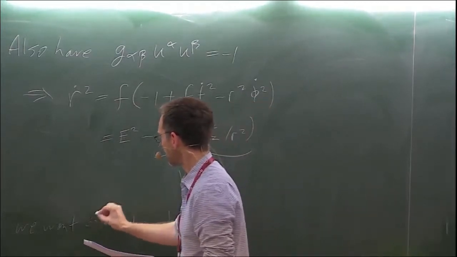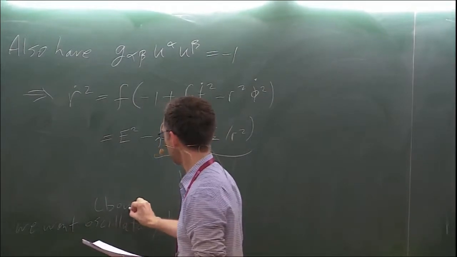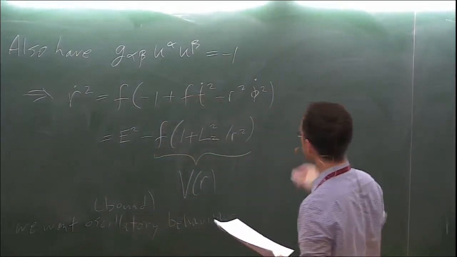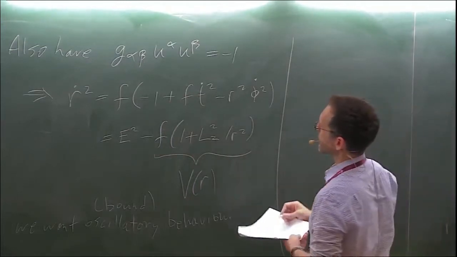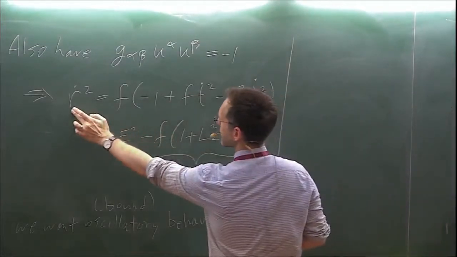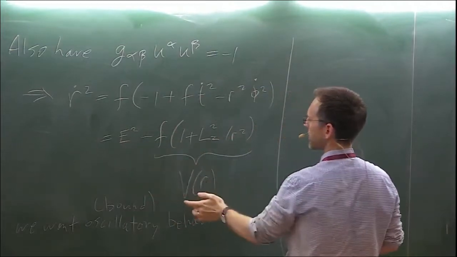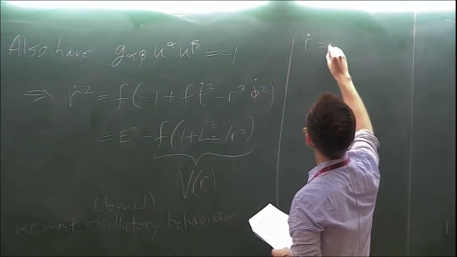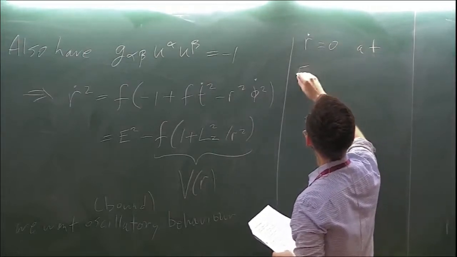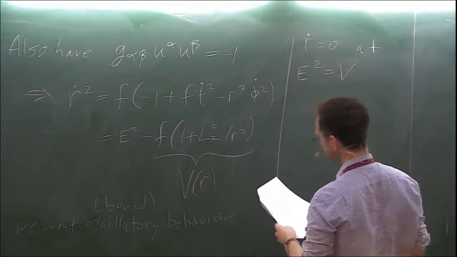We could replace this with bound behavior. Now, turning points, you can see, are where r dot is equal to 0, so that's where E squared is equal to V.